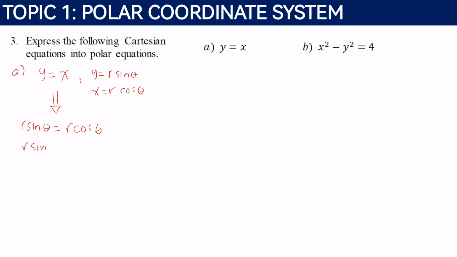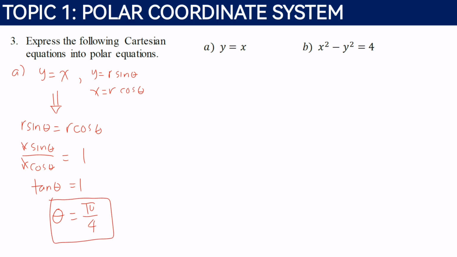So r sine theta over r cosine theta is equal to 1. The r will cancel out and this will now be tangent of theta equal to 1, which happens when theta is pi over 4. So this is the equation.